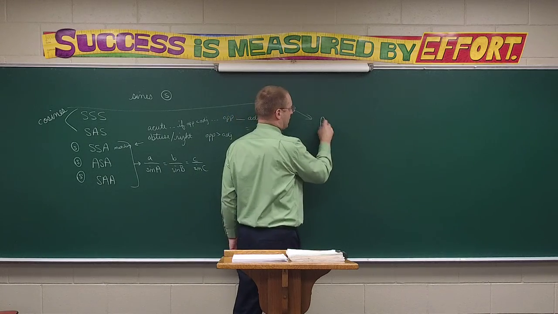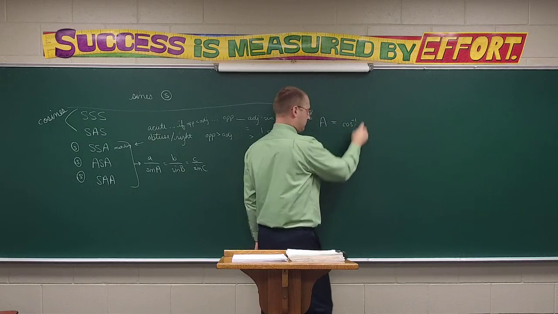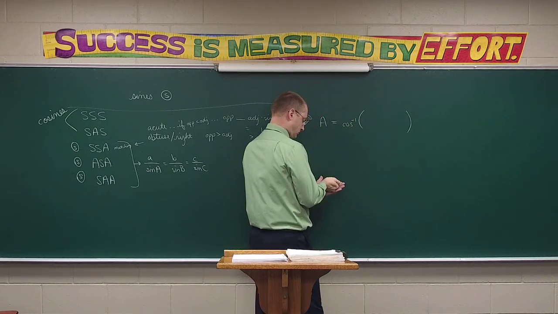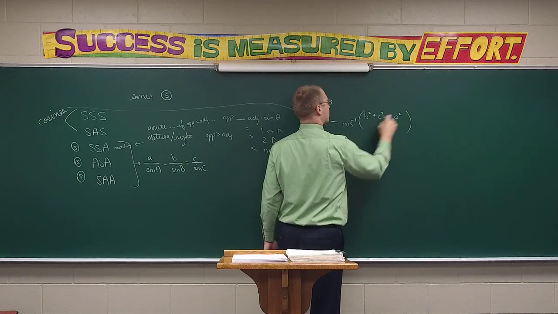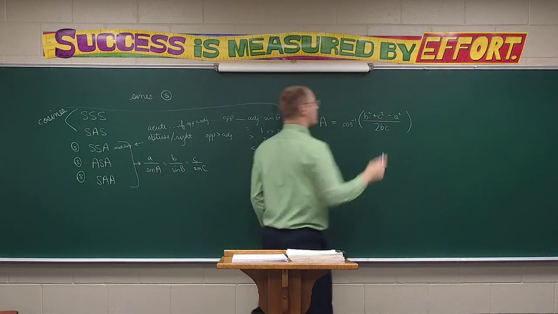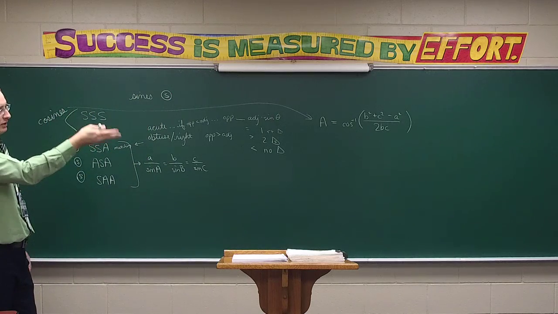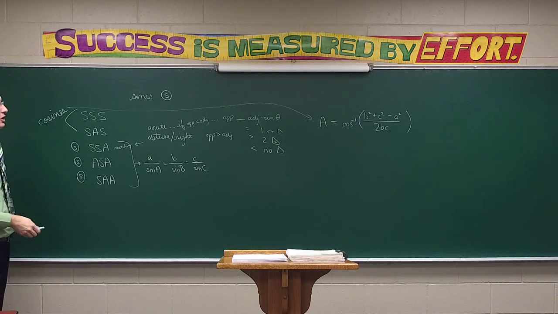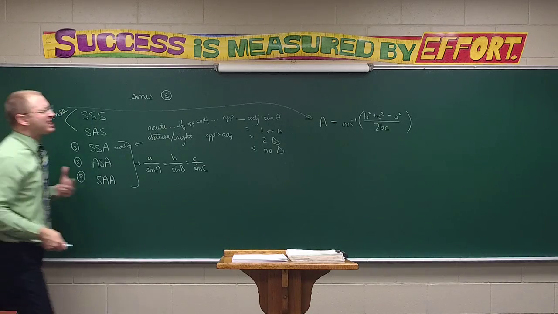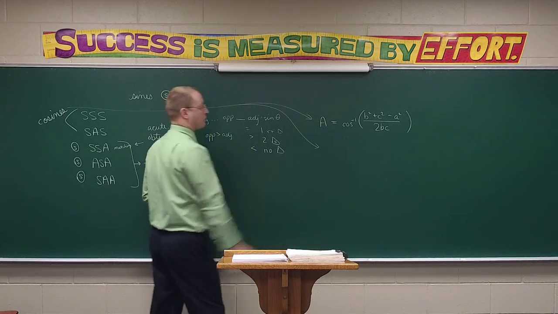Angle A equals the arc cosine of, in parentheses, b squared plus c squared minus a squared all over 2bc. Good. Finding an angle, just take the other two letters squared, add them, subtract the square of the matching letter, divide by 2, divide by the b, divide by the c, take the arc cosine. There's your angle. Now sometimes, 1 out of every 6 times, we may actually have to use it to solve for a side.